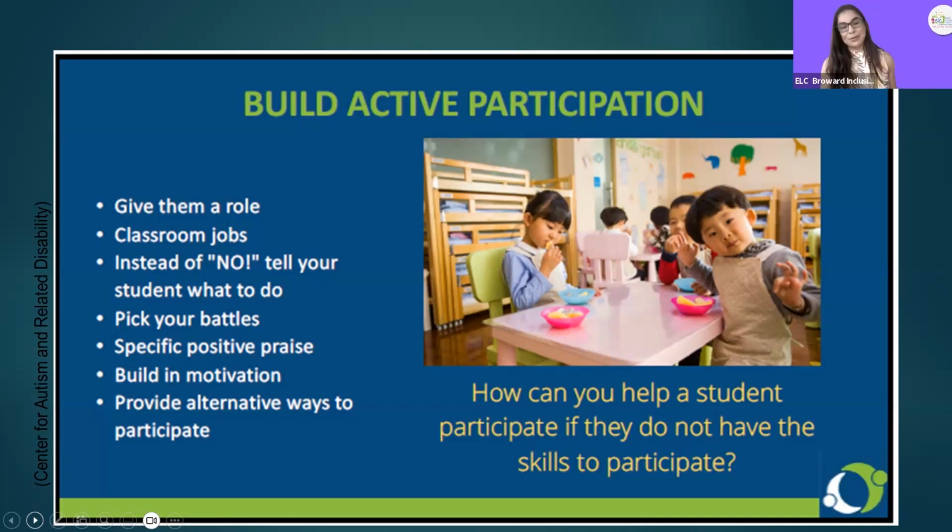So absolutely pick your battles, and then understand that everybody is going to go at their own pace. Right. I need to understand that every single one of my children deserves a voice. And I have to allow for that voice, however it is that they want to express it, right? Absolutely. And so that active participation is huge for us. I believe in inclusion. We all believe in inclusion. It's what we do.